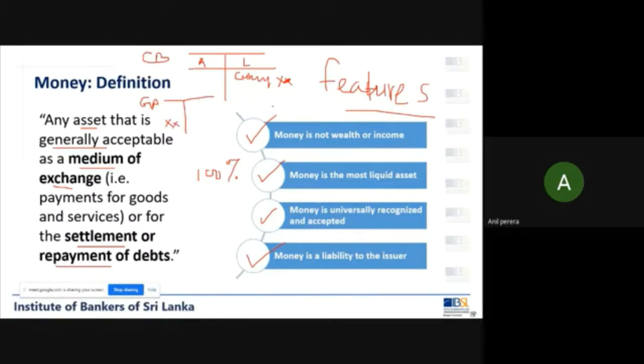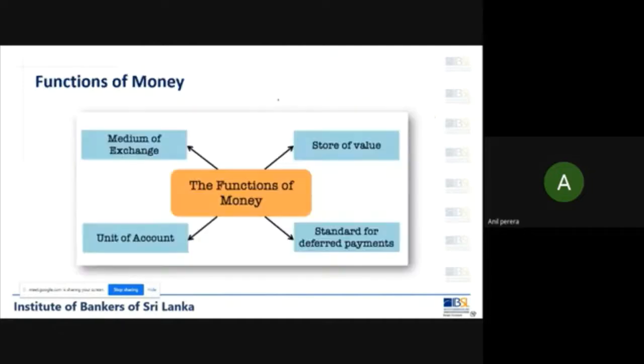So it's always a liability to the issuer because it is owned by the general public. When you say general public, it could be the public and also banks, right? Parties could be different, but it is not owned by the issuer. Once it is issued, it is held by or owned by the general public.